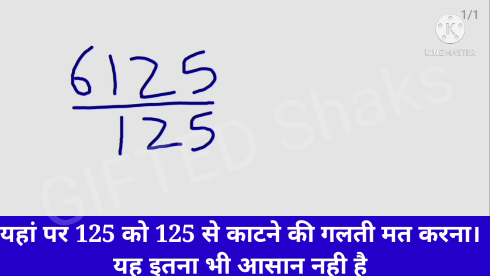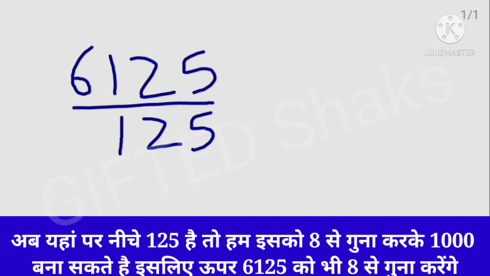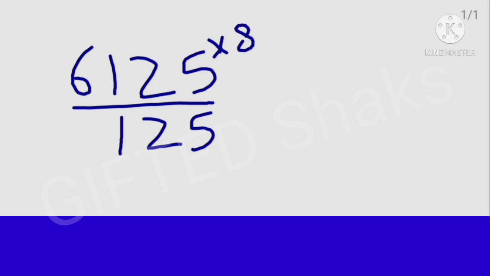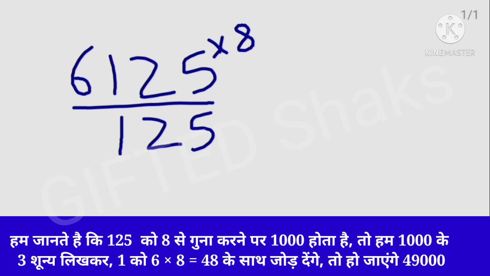It's not that easy that you just cancel 125 by 125 and you get 6. It's not that way. Now I'm going to multiply this by 8. Since it's 125 down, I'll multiply this by 8. When I multiply this by 8, I have this 125, which I know when multiplied by 8 will give me 1000.